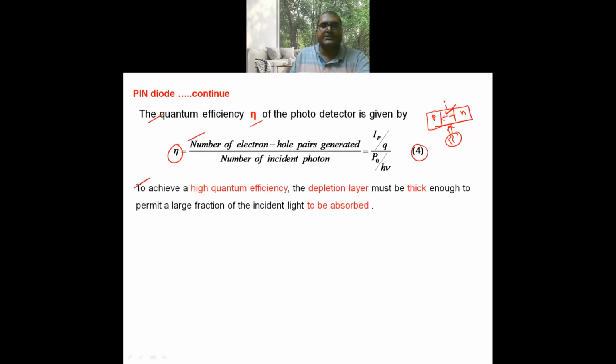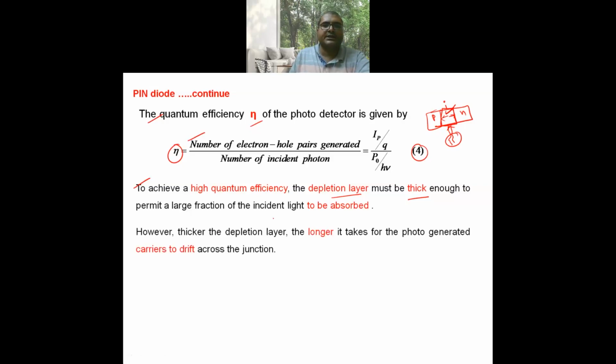To achieve high quantum efficiency, the depletion layer or region must be thick enough to permit a large fraction of incident light to be absorbed. Here in the intrinsic region, if more energy is absorbed by the intrinsic material, more electron hole pairs get generated, which in turn will increase the quantum efficiency of the photodetector.